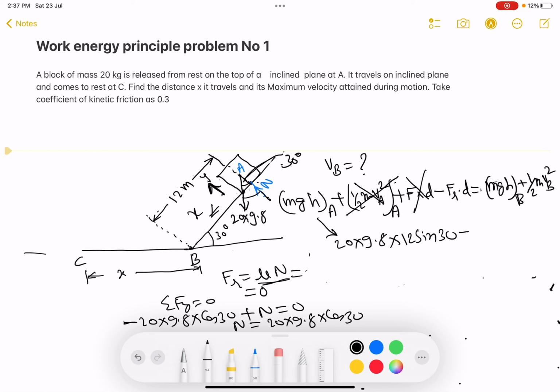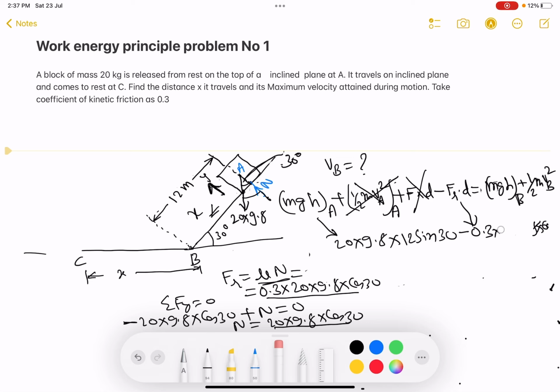Frictional force is equal to mu, which is 0.3, into N, this is our N, 20 into 9.8 into cos 30. So I'm writing this expression, Fr into d. Fr is the frictional force, which is 0.3 into 20 into 9.8 into cos 30.